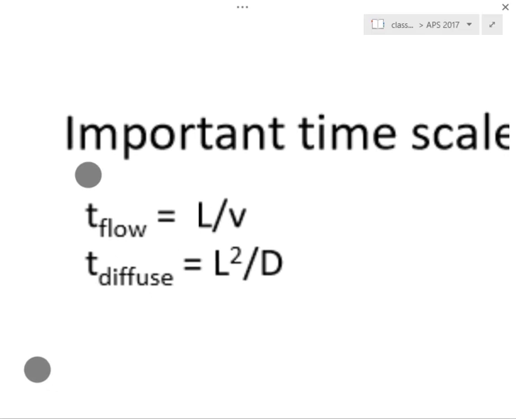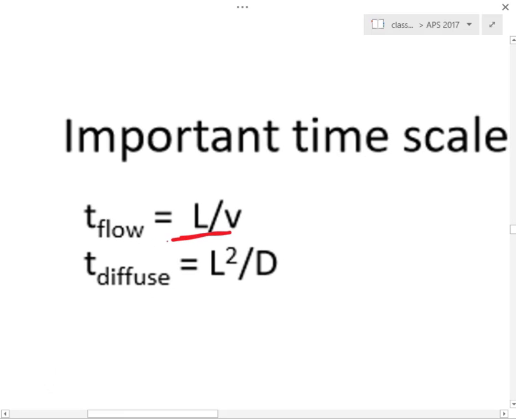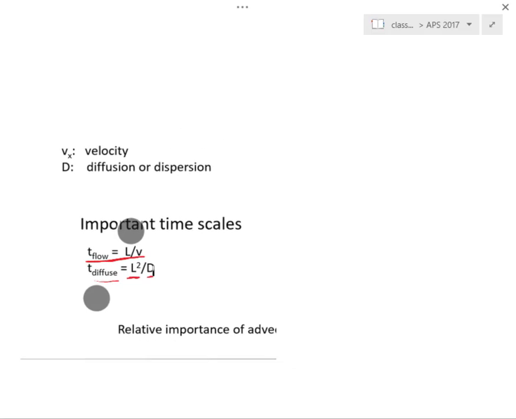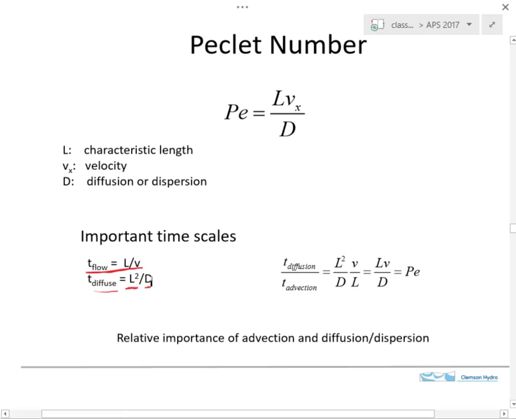So this is the time scale where advection is going to be important. Now we saw for homework this week that the time scale for diffusion is going to be the characteristic length squared divided by whatever D is. So one way that we might evaluate the relative importance of advection and diffusion or dispersion is to take the ratio of these time scales.